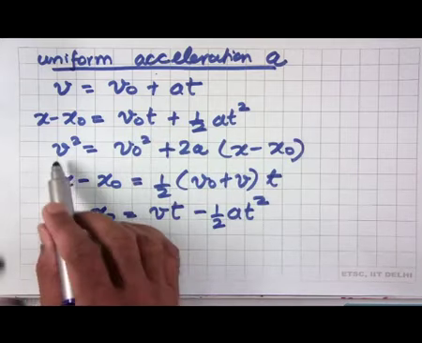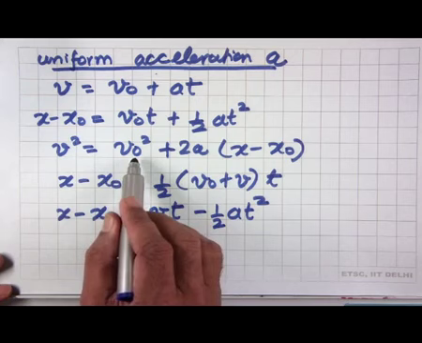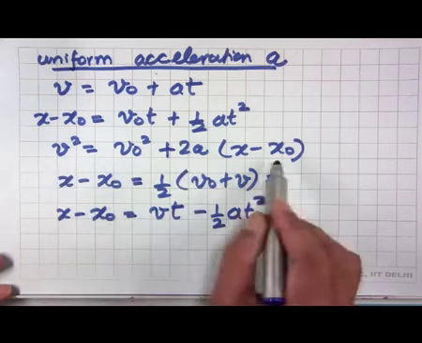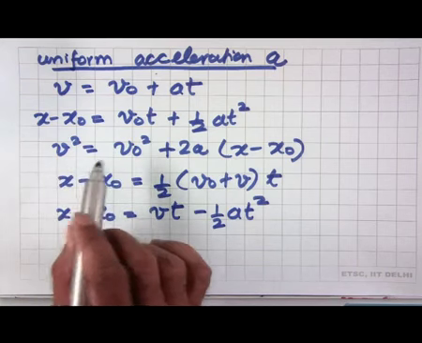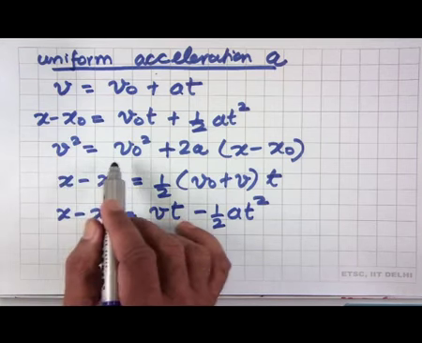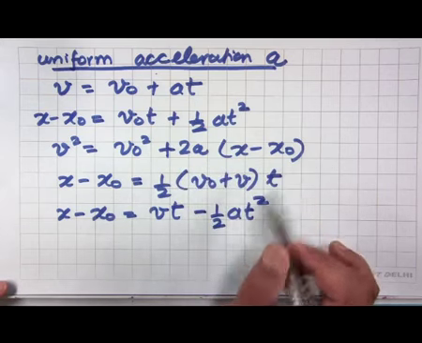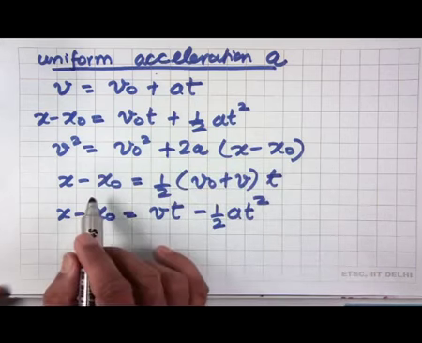And if we know the initial velocity and the final velocity, and if we know the acceleration and the distance, then the relation between these goes by v square is equal to v0 square plus 2a times x minus x0. A couple of more relations can be worked out.